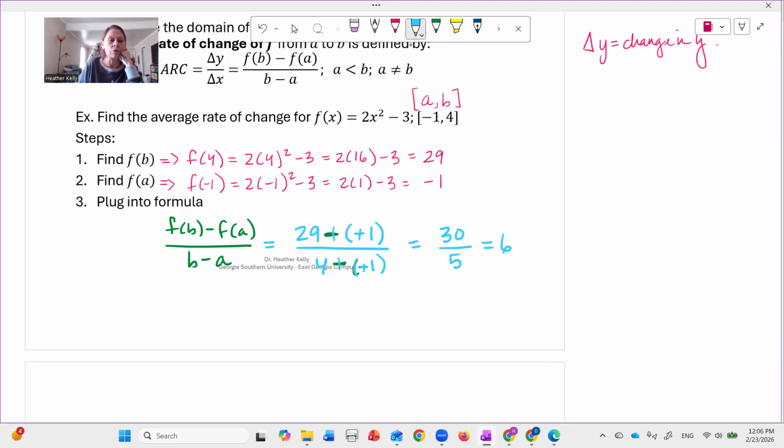So the average rate of change between negative 1 and 4 equals 6.